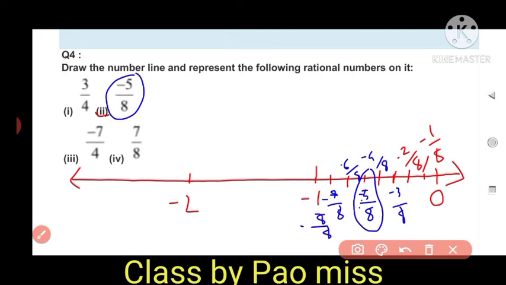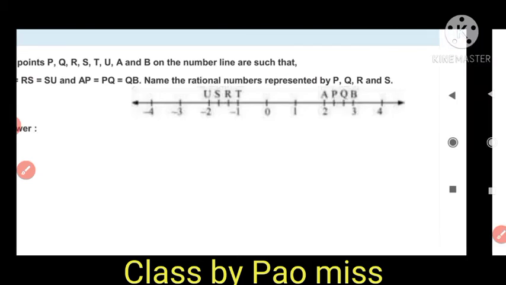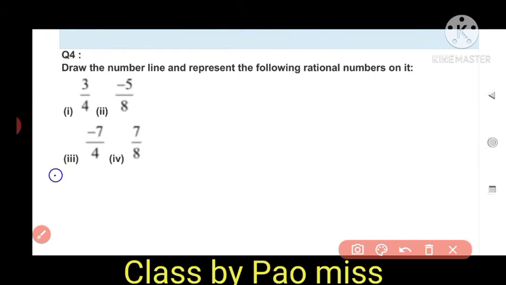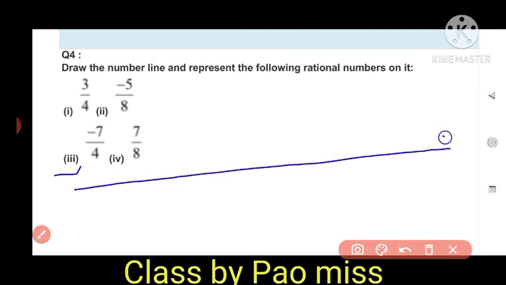Now come to the next question. Here you can see the question is also given minus 7 upon 4. This is again a negative number, isn't it? If it is negative, again it will be on the left side of the 0. So here it will be 0, then minus 1, then minus 2.